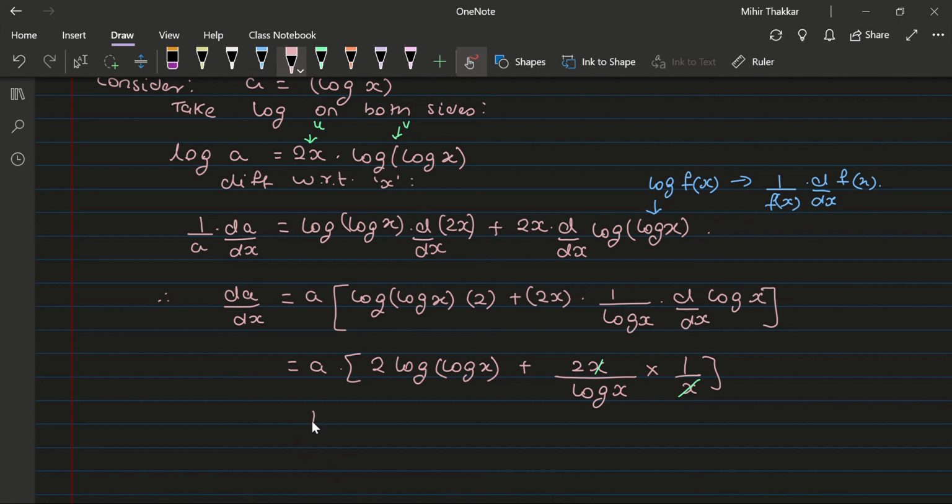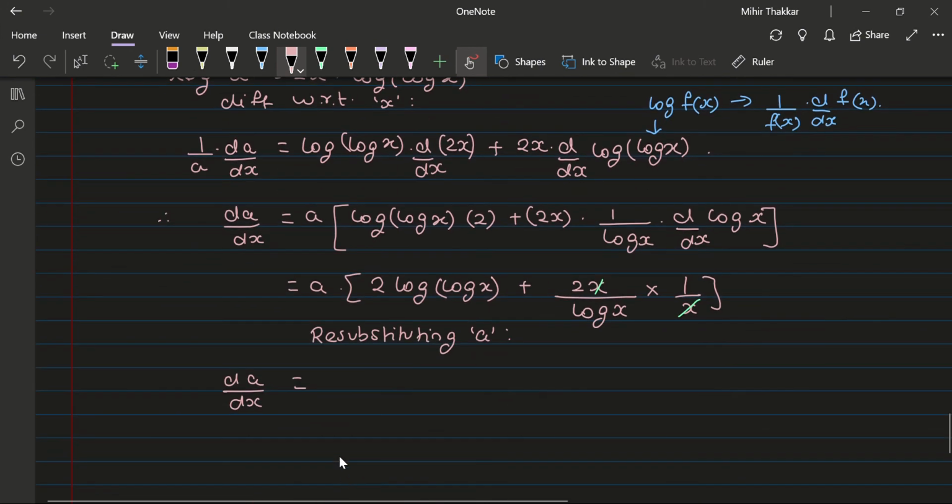Resubstitute A. dA by dx is equal to, what was A? (log x) raised to 2x.